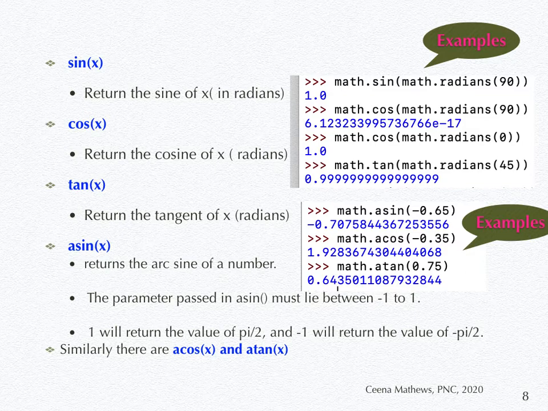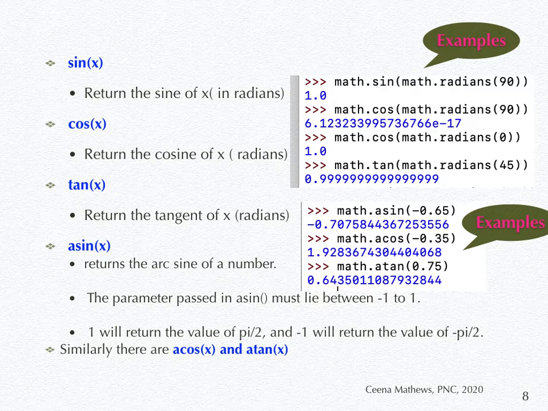Next, similar to sine, cos and tan, we have arc sine, arc cosine and arc tangent of a number. And in these cases, the parameter passed must lie between -1 and 1. 1 will return the value of pi by 2 and -1 will return the value of minus pi by 2.